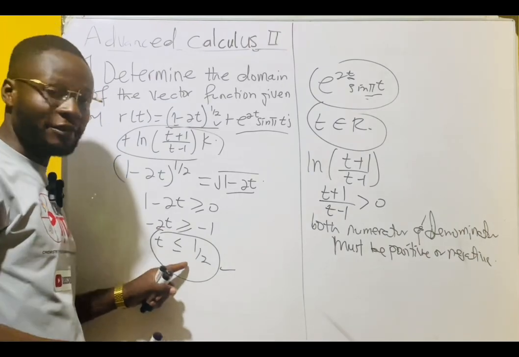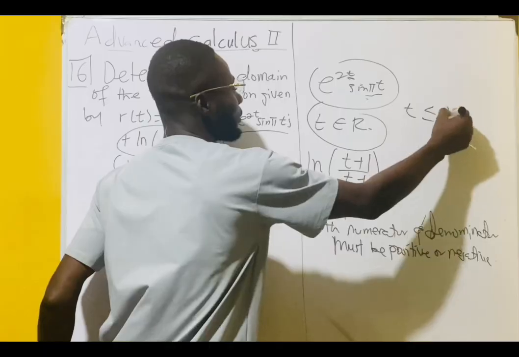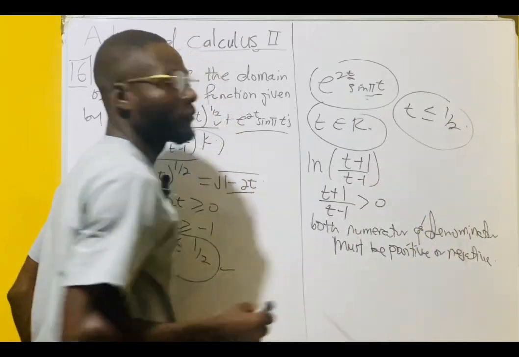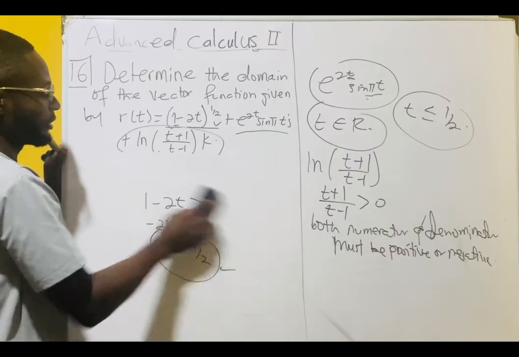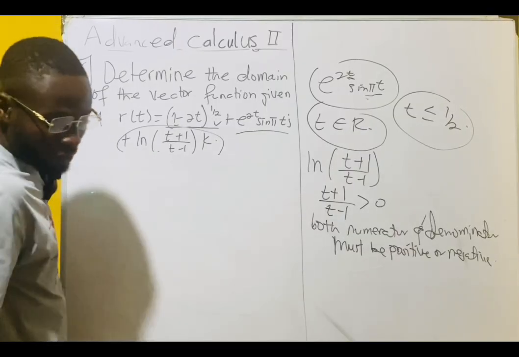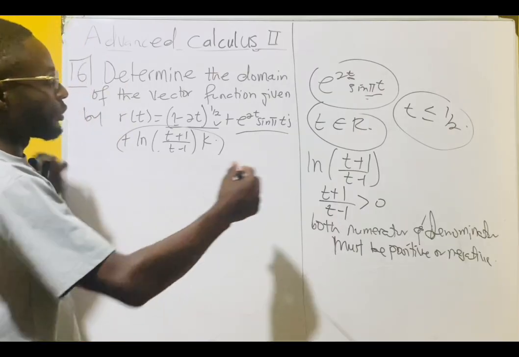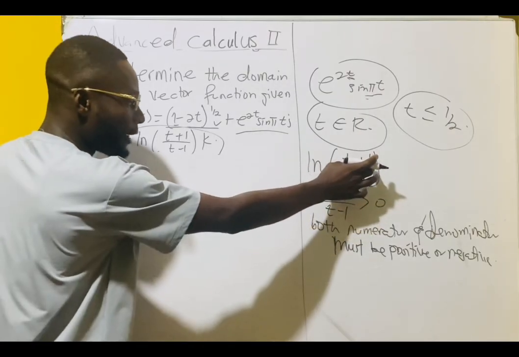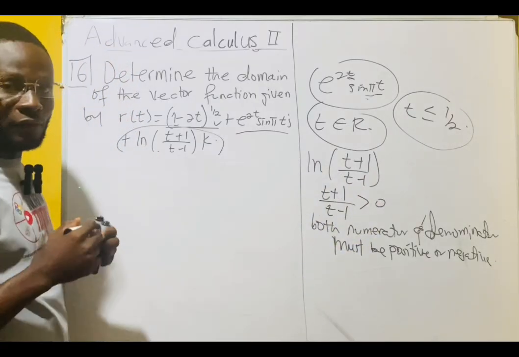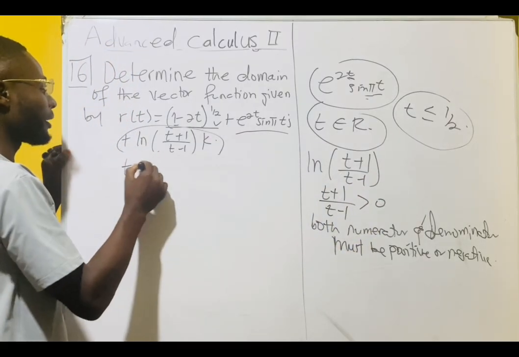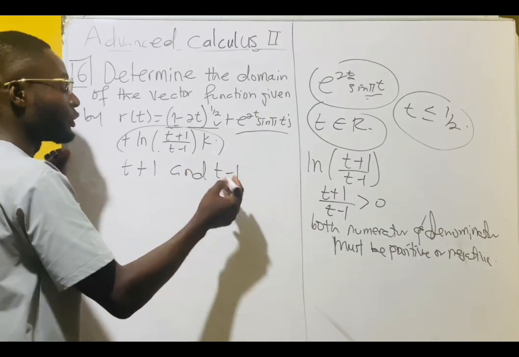So let's write the first component somewhere. We had t less than or equal to half. Right. So we have that down. So let's come here for the third component. We are saying that both numerator and denominator should be positive, so it means that t plus 1 and t minus 1 should be positive.